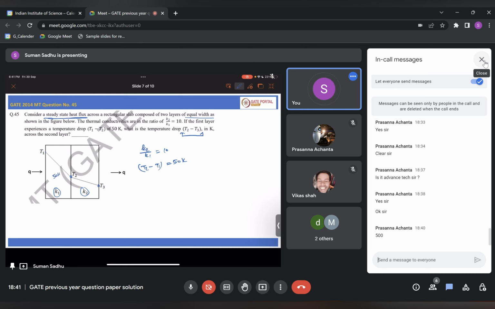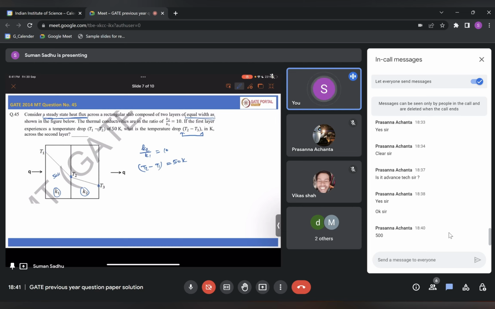But can you just tell us how you approached this question, how you calculated? If you just concentrate on these two important terms in the question, you can easily solve this.